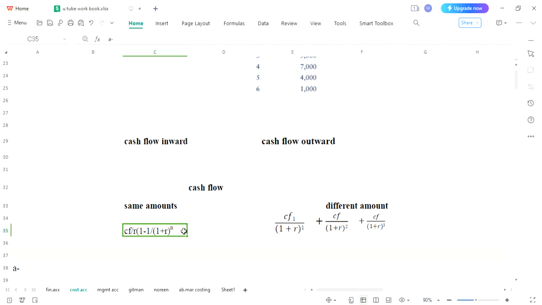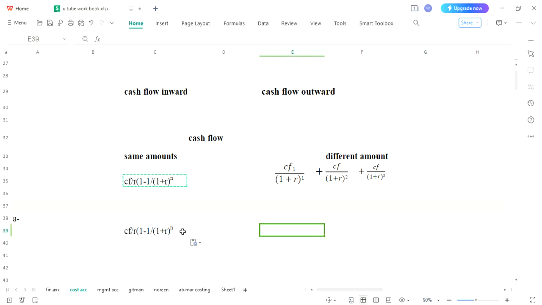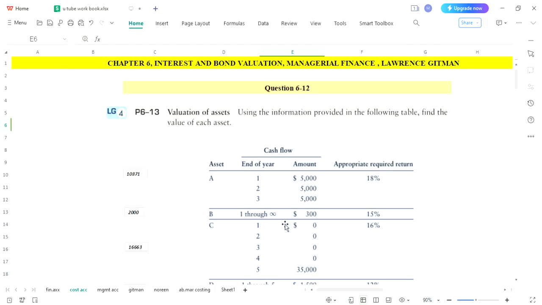So the first formula for part A, instead of writing it again, we are putting it as it is. Now you need to put in the amounts. For the first part, your cash flow is equal to 5,000. Your rate of return is also mentioned in your question, and that rate of return is 18%.